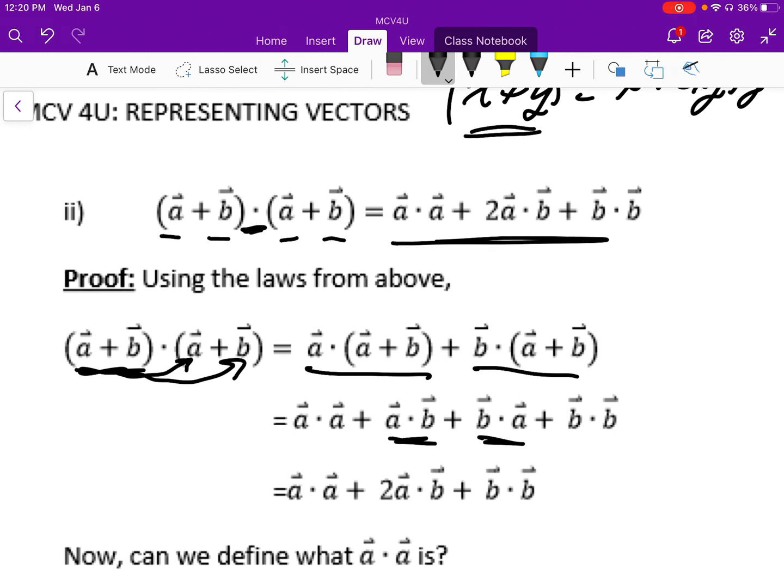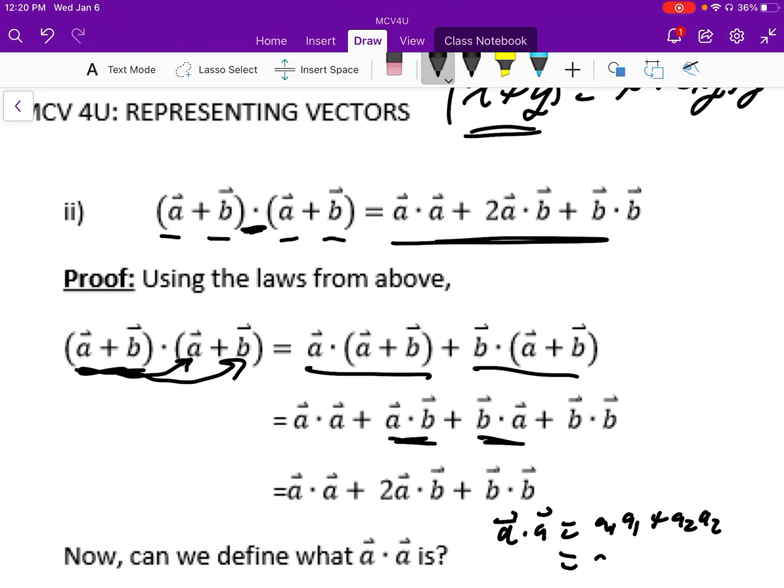What is A dot A? Well, if you think about it, if we know that A is (A1, A2), A dot A is A1 times A1 plus A2 times A2.